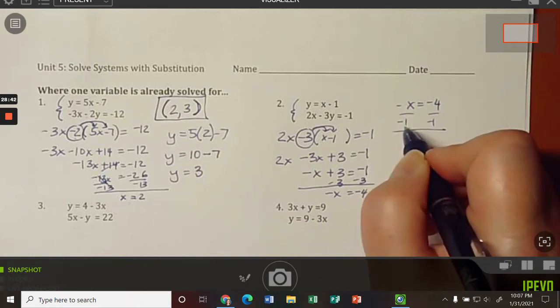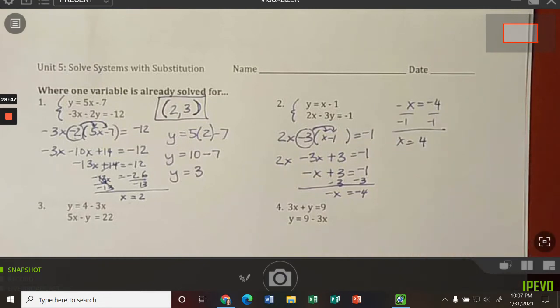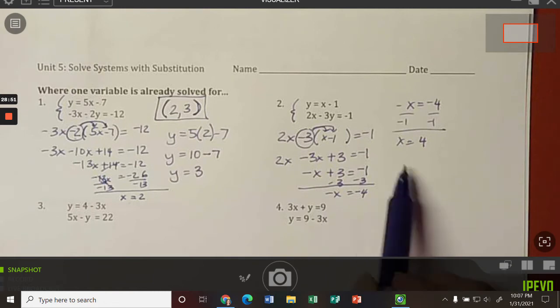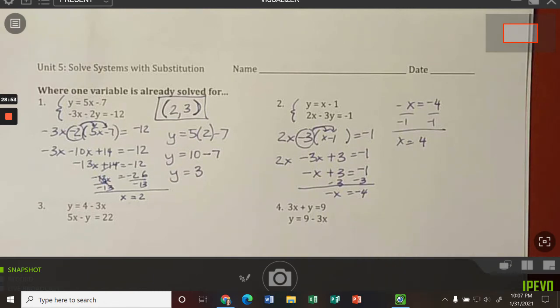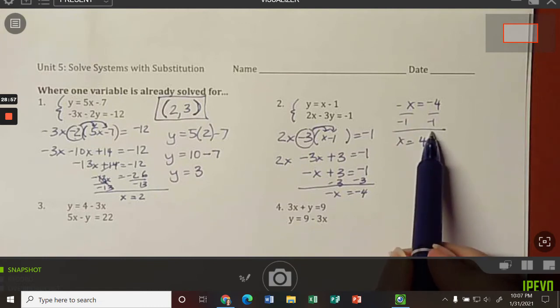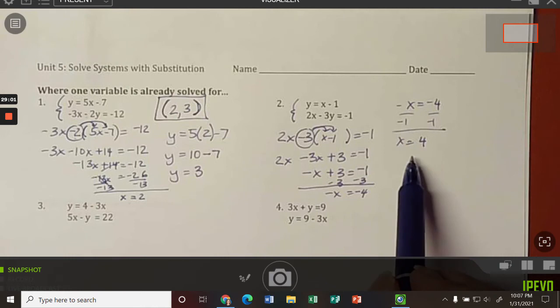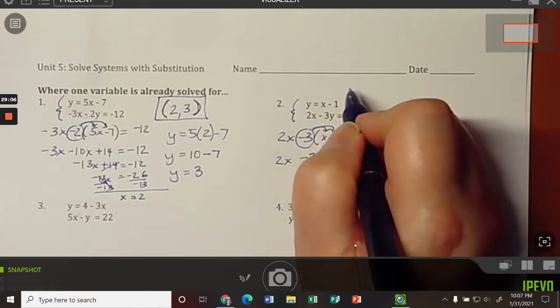And then a negative divided by a negative is a positive. So it's always going to be true that if a -x is a -4, then a positive x is a positive 4. Okay, because we're just making each of these the opposite sign that it was, just by dividing by -1, or you could also multiply by -1. So number 2, our x value is positive 4.